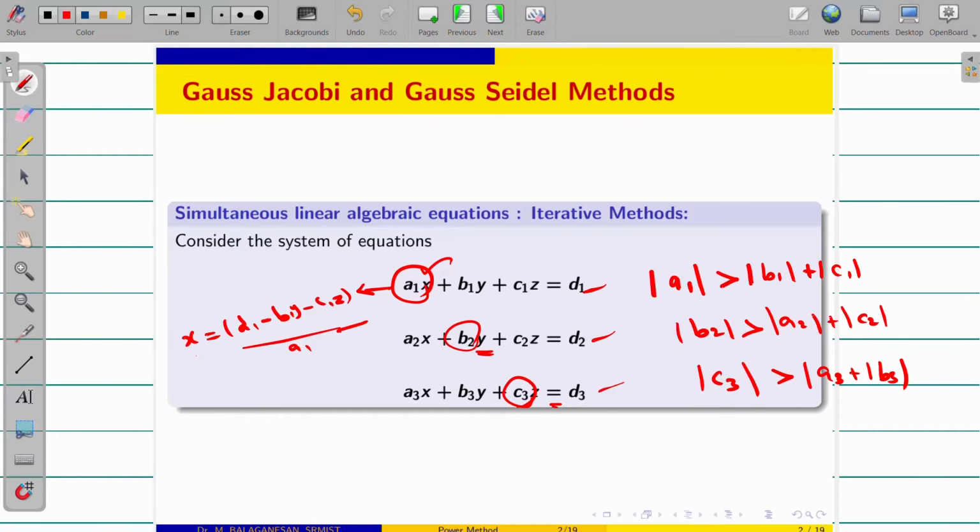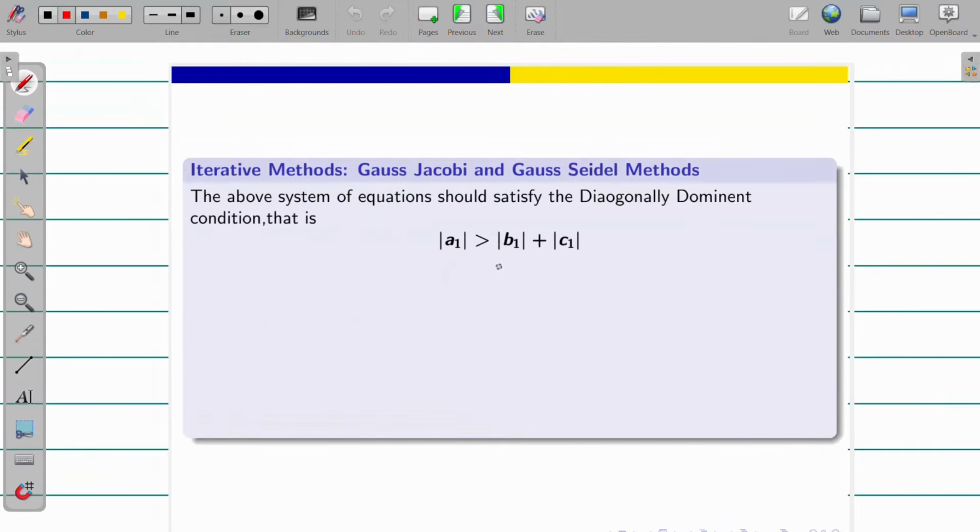If you want to use iterative methods to solve the system of equations, it has to satisfy the diagonally dominant condition. Look at that, this one only they mentioned here. From the first row, the first element should be greater than the modulus of the rest of the elements.